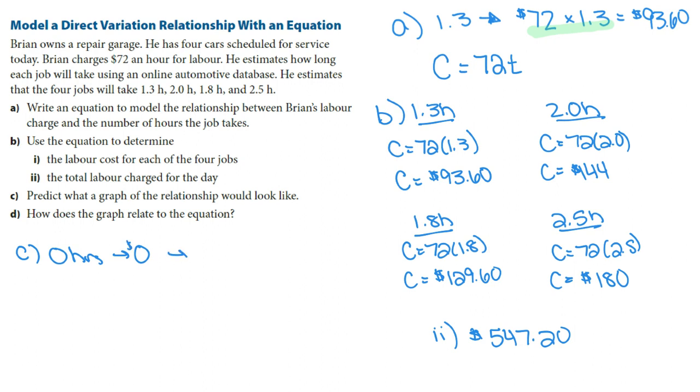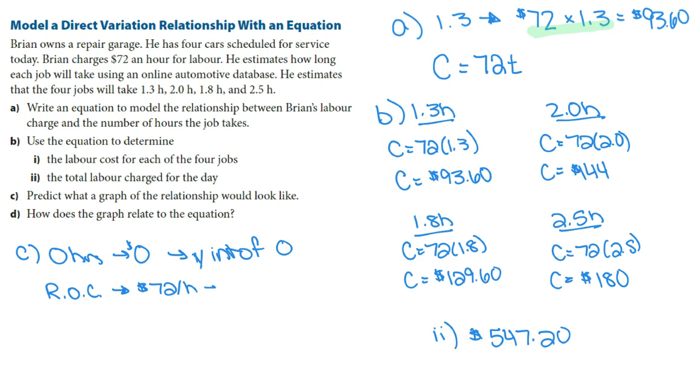So this would be an initial value or a y-intercept of 0. My rate of change would be $72 per hour, because for every hour I work, my cost is increasing $72.